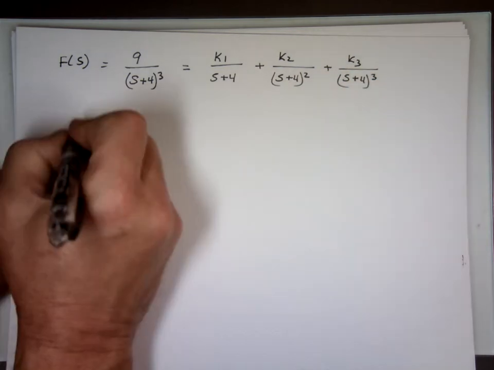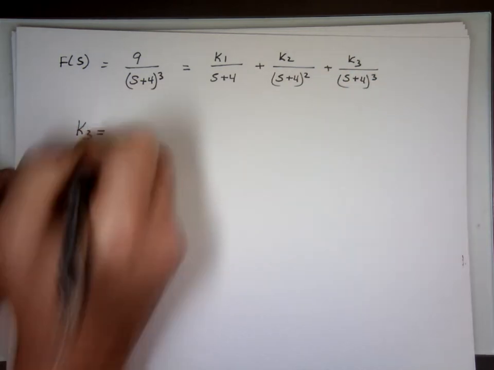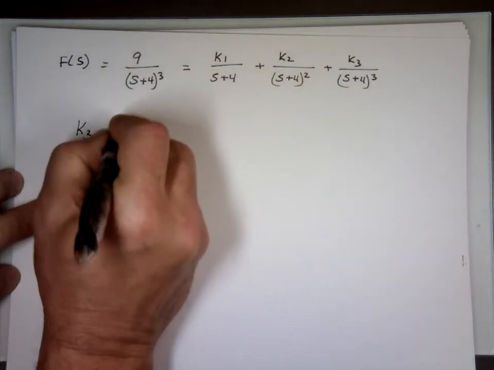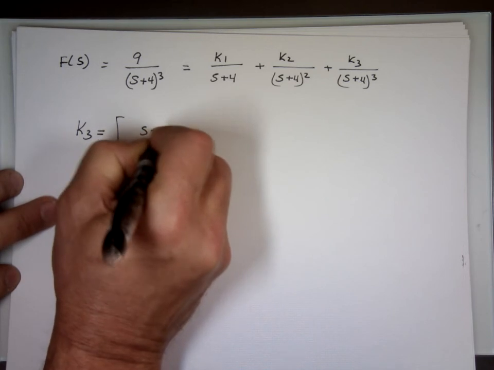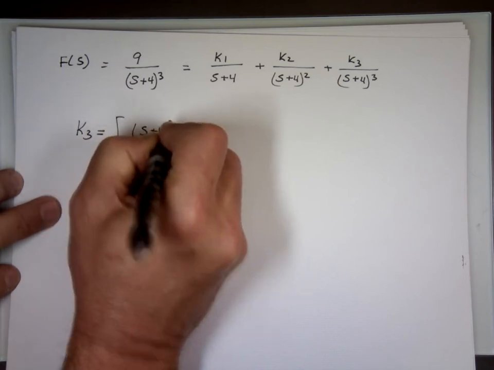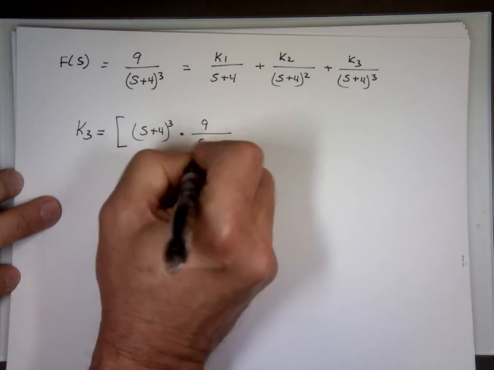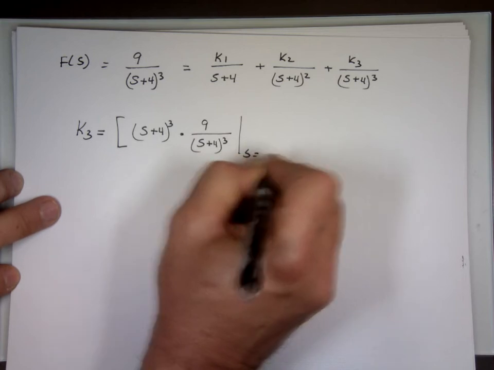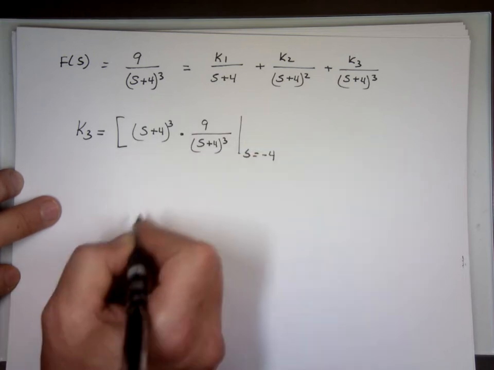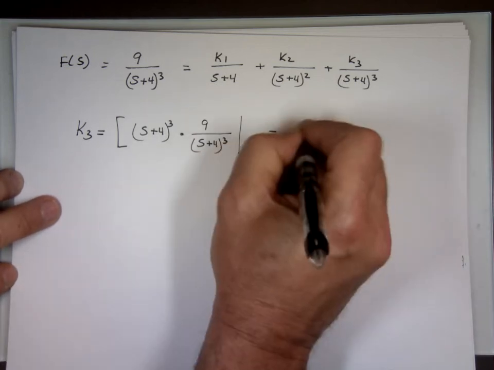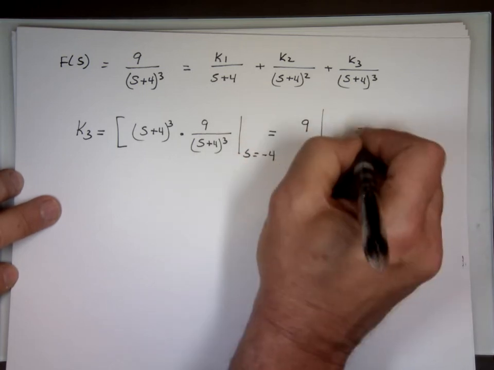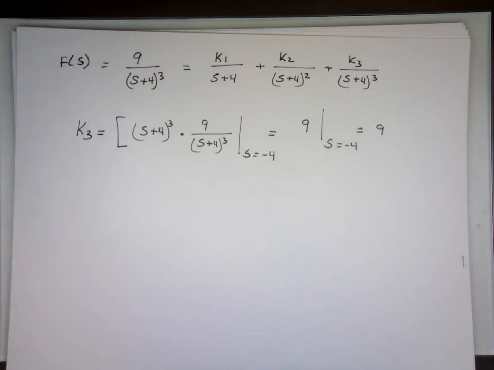Because you multiply this expression by that, so if you do that, you're going to lose S plus 4 cubed. When S equals what? Negative 4? Well, it just happens to be what? 9. You want to find that when S equals negative 4, so what do you have? Still 9. Doesn't matter what S is. The S plus 4 will cancel the S plus 4. It's gone.